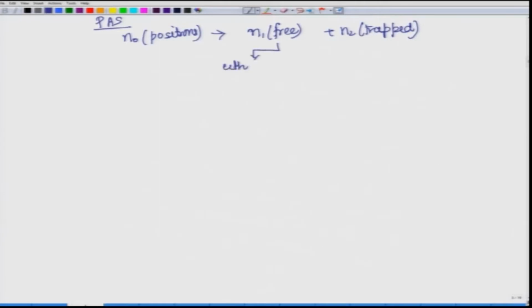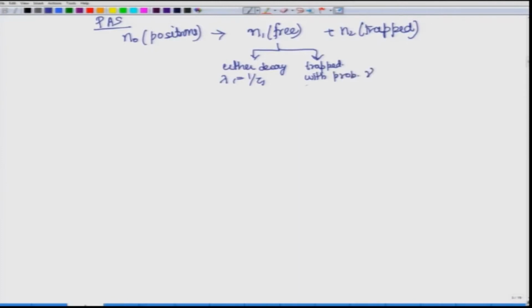Now, the number N1 which is free, it can either decay. If it is decaying, then you need to know the rate constant, and let us say it is lambda 1, which is equal to 1 over tau 1, or it can get trapped. So, even the free one, they may initially be free, but at some point it may get trapped, and therefore, it can get trapped with probability, let us say nu.